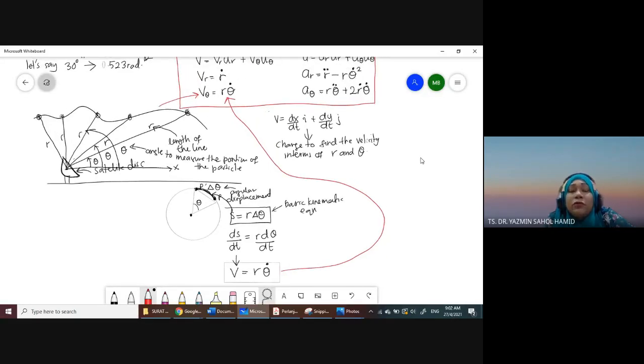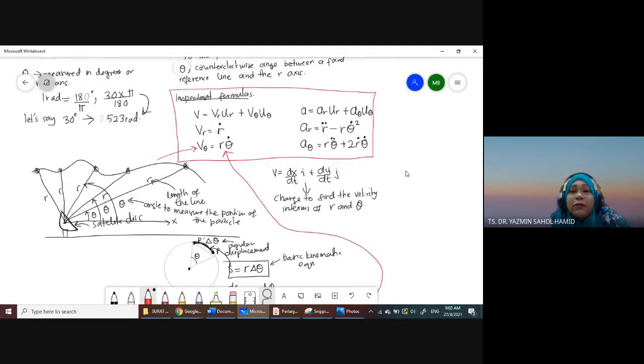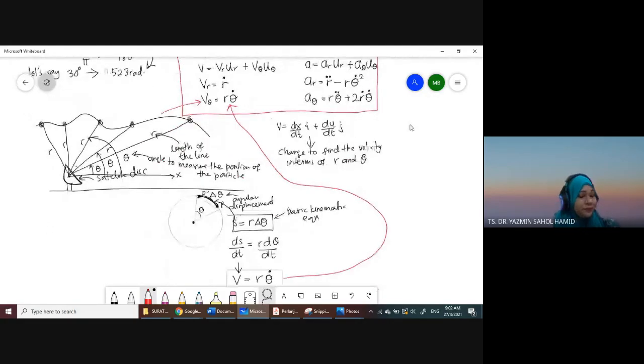For this class, I'm just showing you one formula, so at least you understand. For other formulas, you can open your textbook or slide notes, where there is an explanation of how each formula comes from. Here, velocity equals r theta dot, which came from this basic kinematic formula. Basically, all of this comes from the basic kinematic formula.